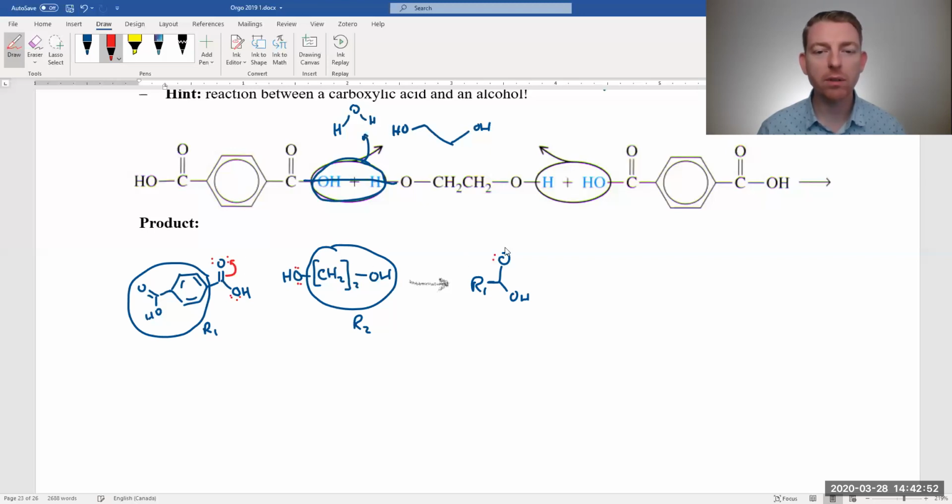So we would have 1, 2, 3, 4, 5, 6, and a negative charge on the oxygen, and a positive charge now on that carbon that is at the crux of these two oxygens. Okay, and over on the other side, we still have this alcohol group.